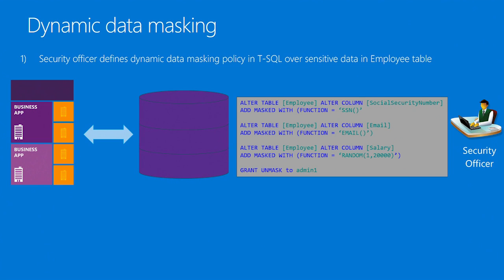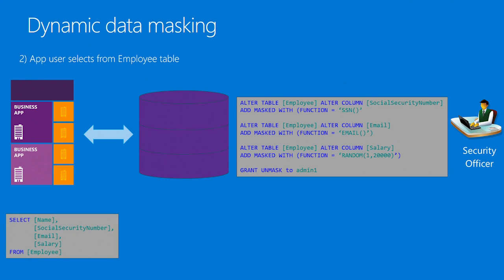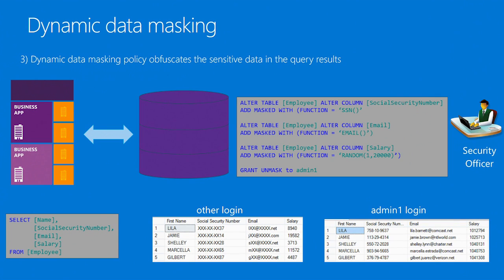Once you define the masking policies, from then on, whenever the database sees a query which includes the columns that need to be masked, the database automatically masks the result before returning to the application. And this way, you're ensured that you never show clear text for things like credit card numbers or social security numbers in an application where the data doesn't need to be seen.